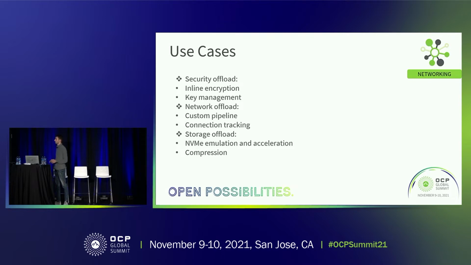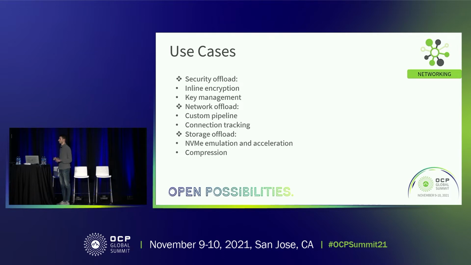You can relay key management to that. You can also do some of the network offload, that what I mentioned previously is a custom pipeline definition. So it provides you with all the programmability tools to define your own pipeline and even more than one. So we'll see how we can do that in SAI.